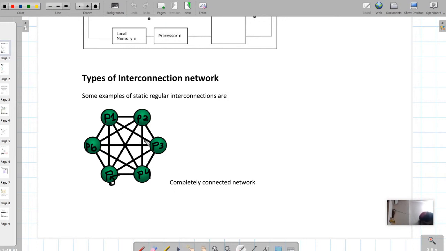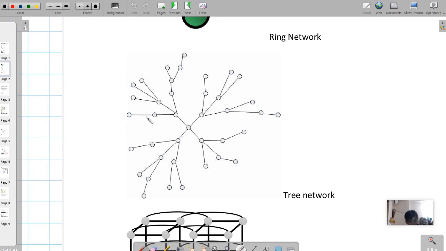However, if you look into the implementation of this kind of network, it is going to be complicated. So high cost is a factor here, and speed of the communication will be slow because the algorithm will be more complex.